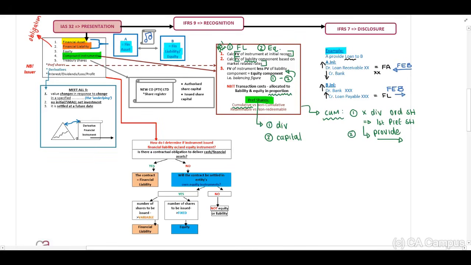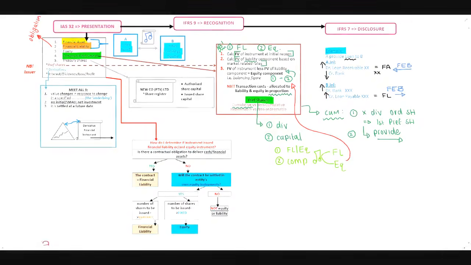Therefore, preference shares can either be recognized, 1, as only a financial liability or equity, or 2, as a compound instrument that includes financial liability and equity portion. If this is the case, you need to know that you will have to follow our steps on calculating the different portions.